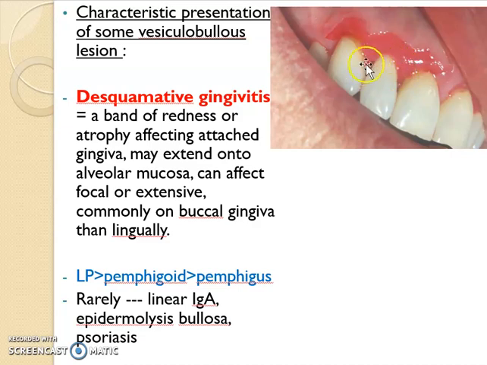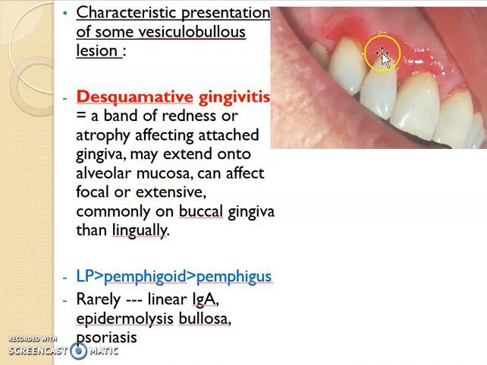It's not like normal gingivitis presentations, in which you will notice swelling of the free gingival margin and plaque accumulation. This is an initial presentation of desquamative gingivitis. Look at the definition: a band of redness or atrophy affecting the attached gingiva, which may extend onto the alveolar mucosa, and can be focal or extensive.